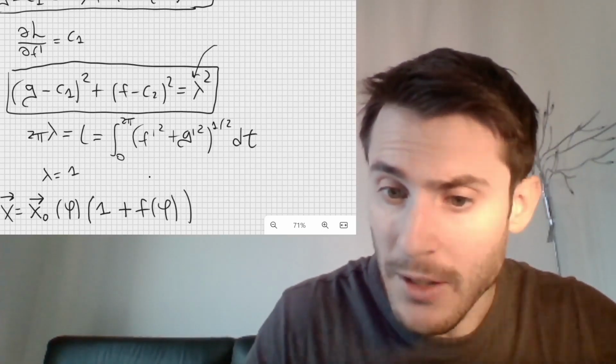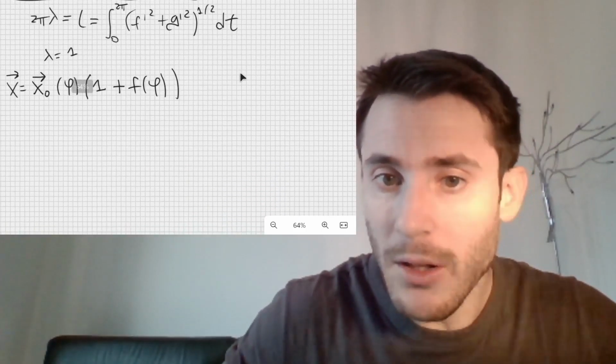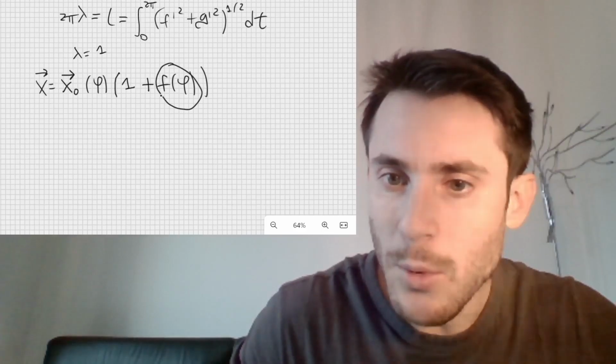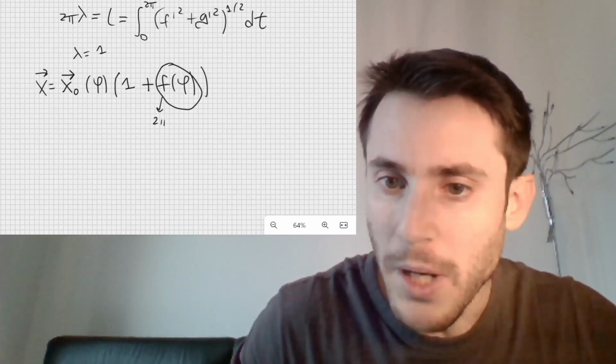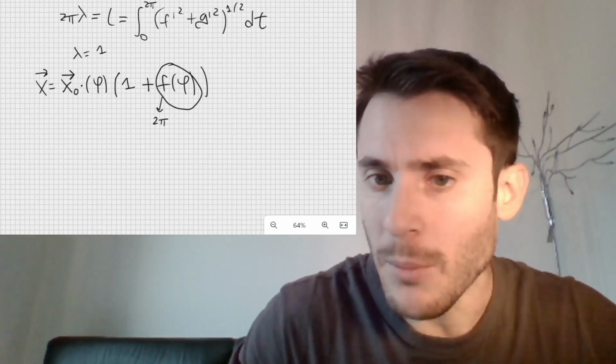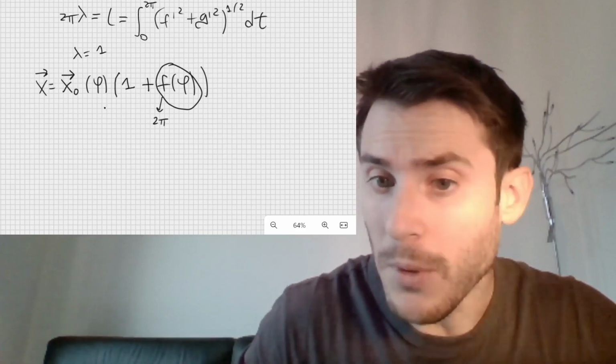on our circumference. Of course, it will have to be small, and in particular, we are going to assume that this function f of phi will have to be periodic with period 2 pi, because we are considering a closed curve, and in particular, this is a circumference, which we are just perturbing.